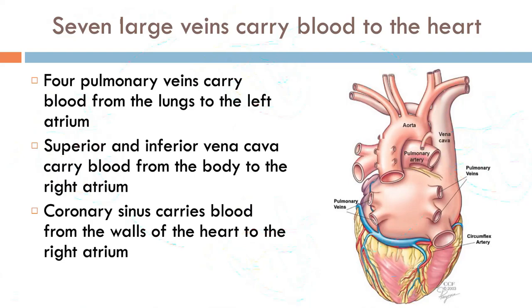Yep, the tricuspid and the bicuspid, they open up, they get pulled down, and then you have passive fluid filling. 90% of the blood that goes into the ventricles is by passive means. It just goes straight through the atria into the ventricles.